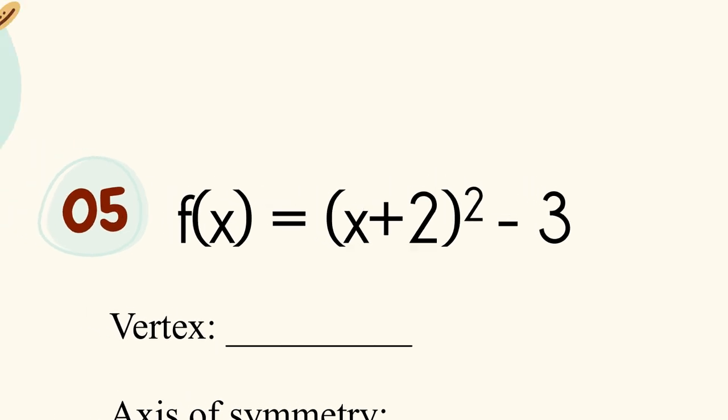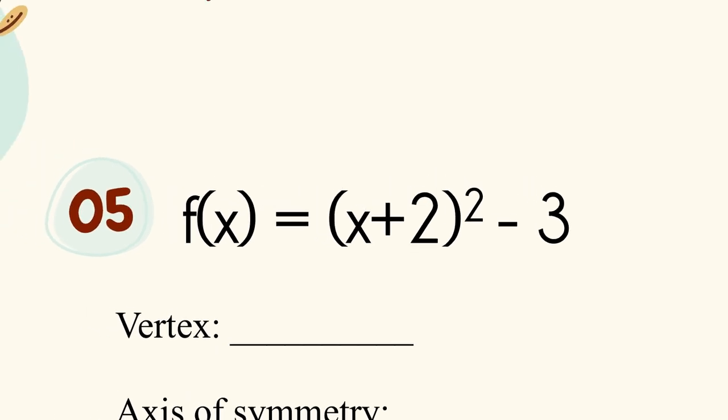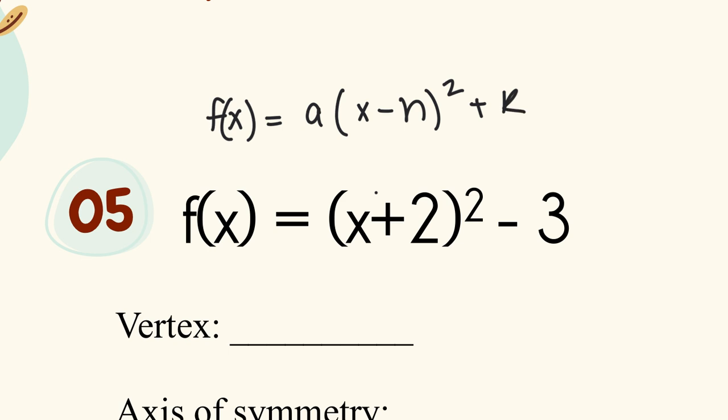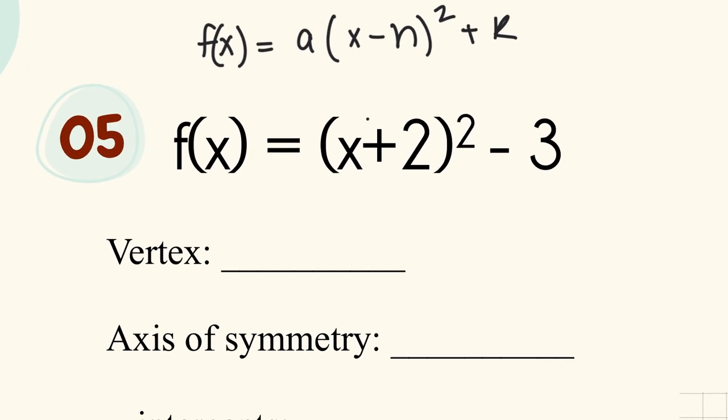If I'm looking at it, I have to know that vertex form, f of x equals, this is my formula, a times (x minus h) squared plus k. And remember, your vertex is your h and your k. So looking at it, what is my h?